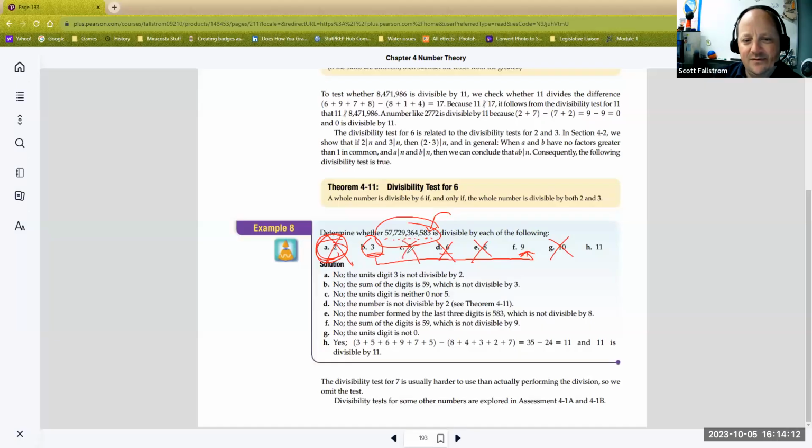It's definitely not divisible by 5. We can see that from the last digit. And 11 would be alternating. 57729 364 583. When I say alternating, I mean take every other digit and add those together, and then do the same going the other direction with the ones that you left off.